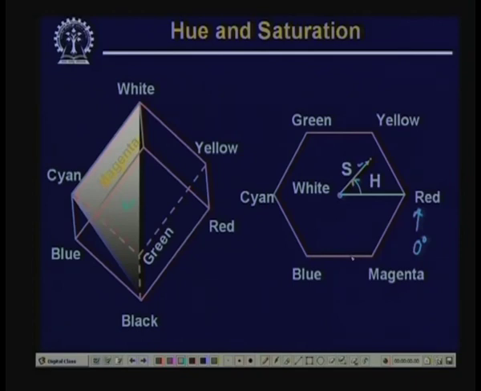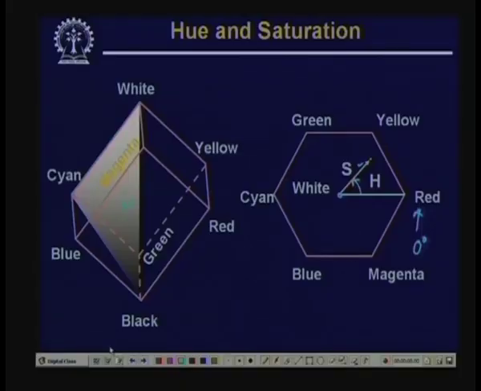Now, given these concepts, that is how we can obtain the hue, saturation and intensity components for any color specified in RGB color space. If you follow the geometry of this formulation, then we can have very easy relations to compute the H, S and I components from the R, G and B components.